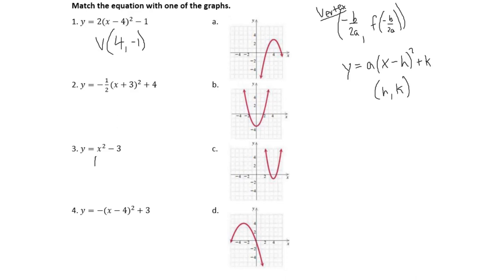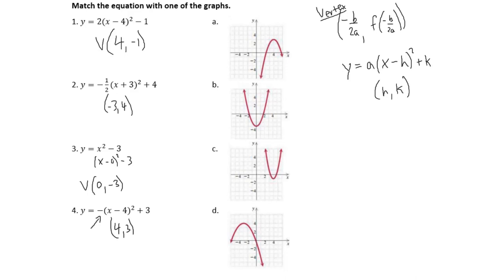Here, this is x minus 0 squared minus 3. So we have a vertex at 0, -3. And this one has a vertex at -3, 4. And this one has a vertex at 4, 3.